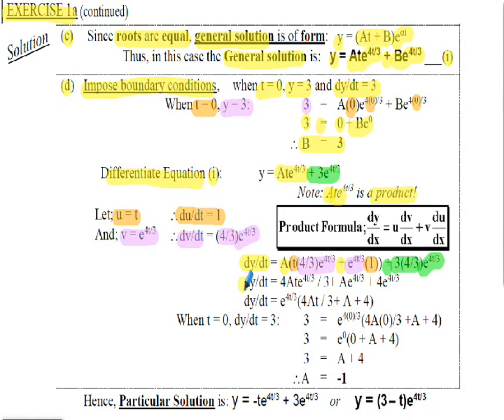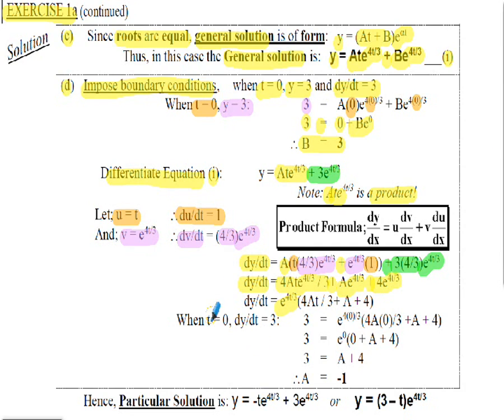Tidying up on the next line, dy by dt is equal to 4a multiplied by t e to the 4t upon 3, that's divided by 3, and then we add to that a e to the 4t upon 3 plus 4e to the 4t upon 3. On the next line we simply factored out the e to the 4t upon 3, and now we impose the boundary conditions.